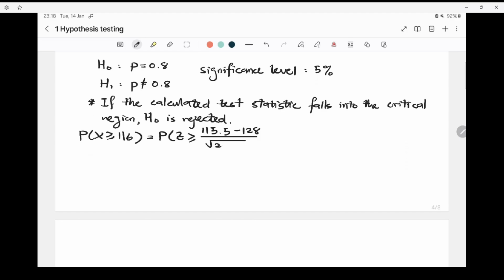And then this is over the square root of 25.6. So when you calculate this, it is given by that. And finally, read from your table. This is 0.9932.